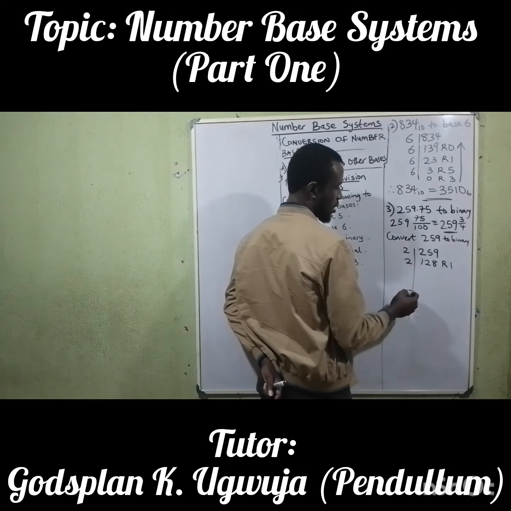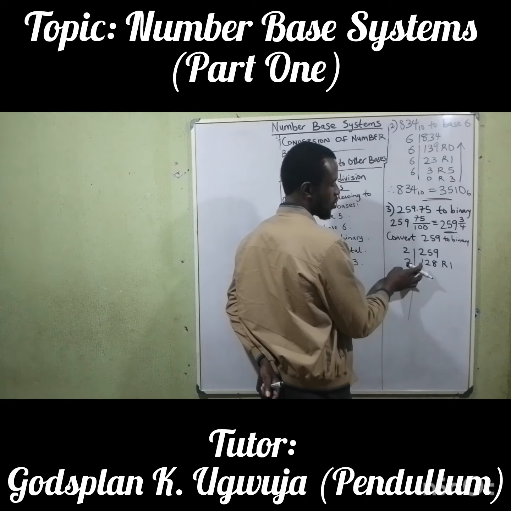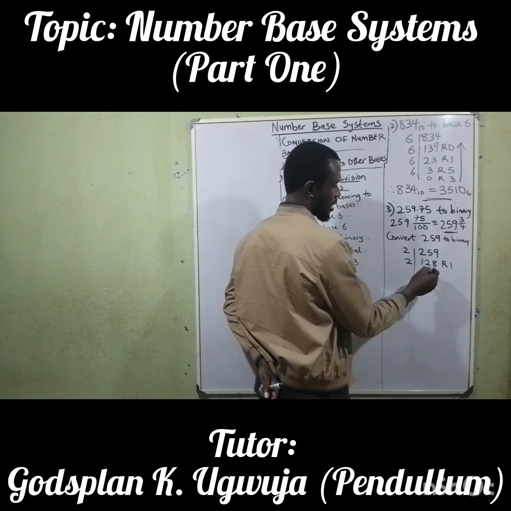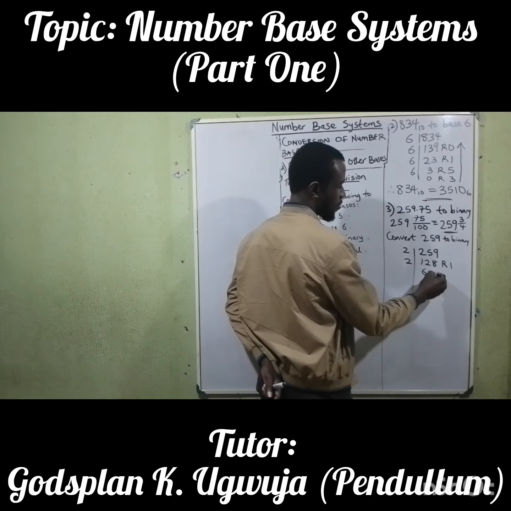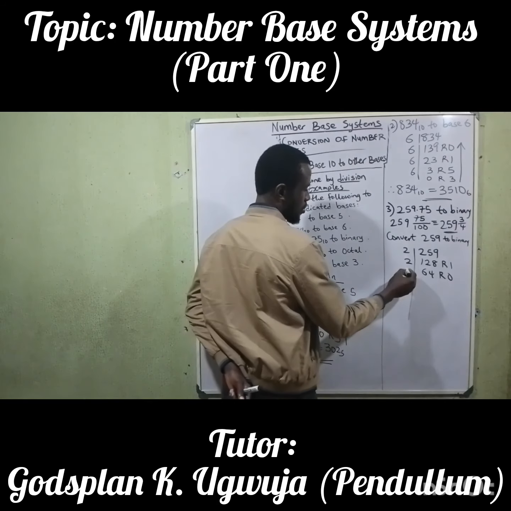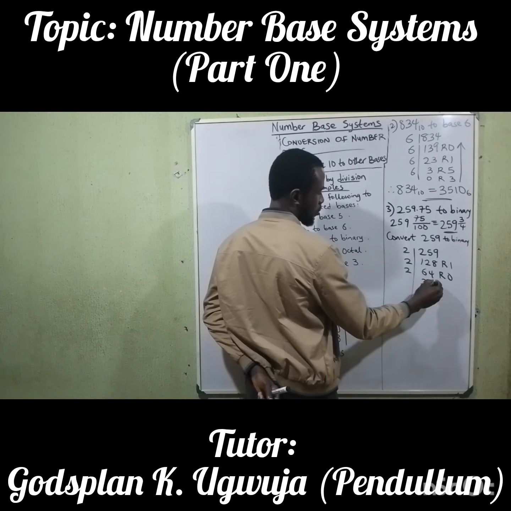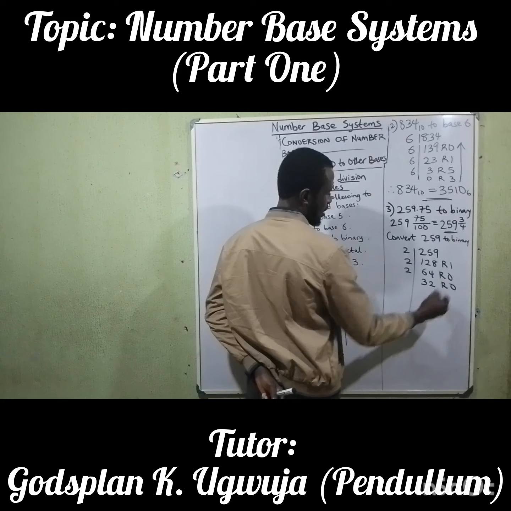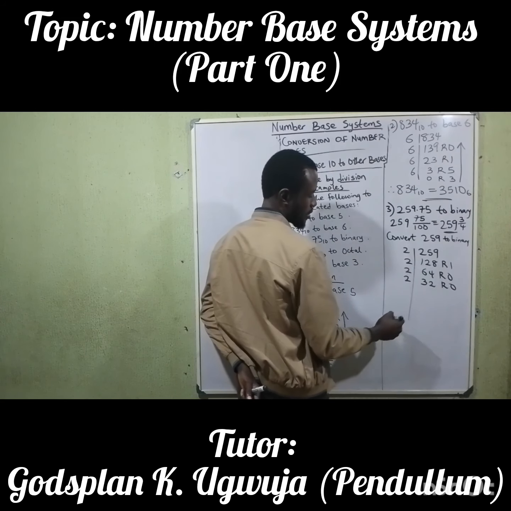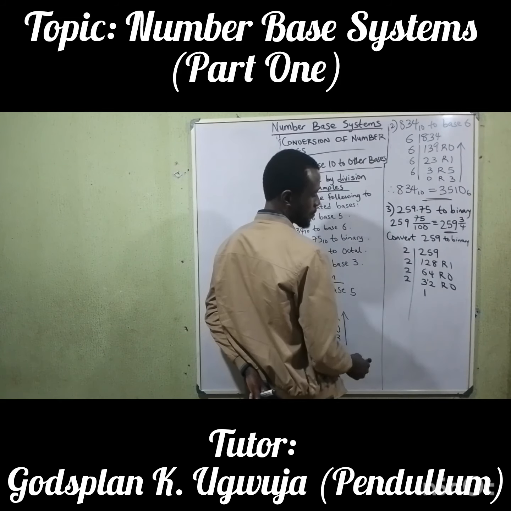We'll go again, divide by 2 again. Remember binary base 2. 2 will not divide 1, so we'll say 2 into 12, that's 6. 2 into 8, 4. No remainder, remainder 0. Okay, we'll go again. 2 into 6, 3. 2 into 4, 2. Remainder 0. We go again. 2 into 3 is 1, remainder 1.